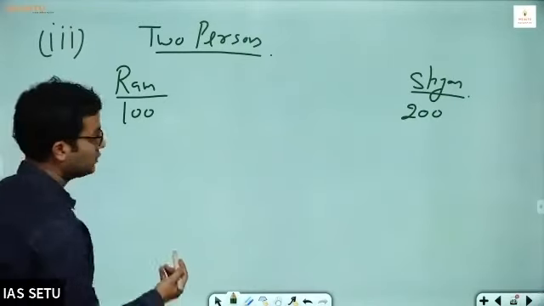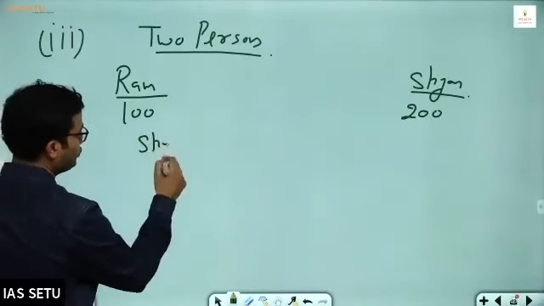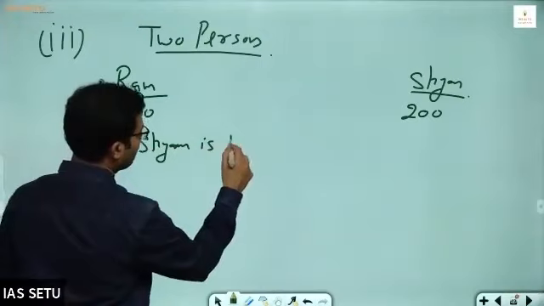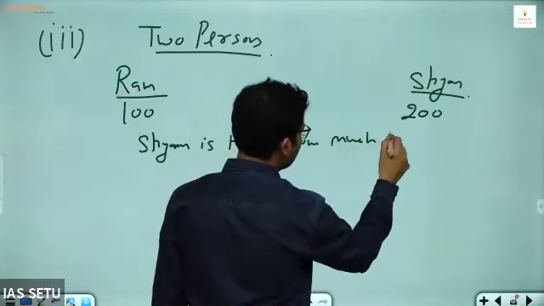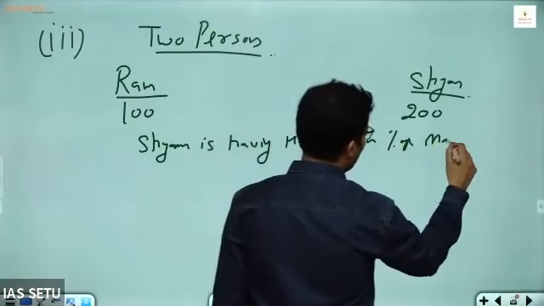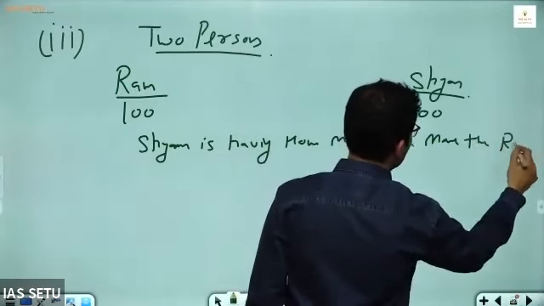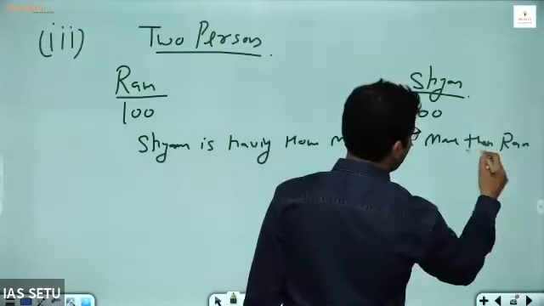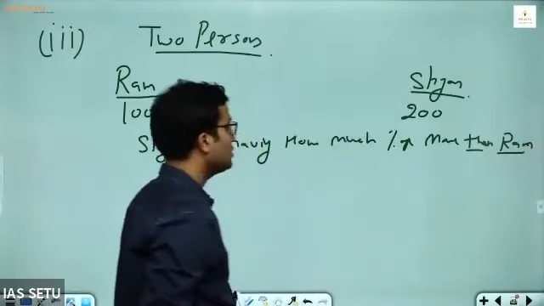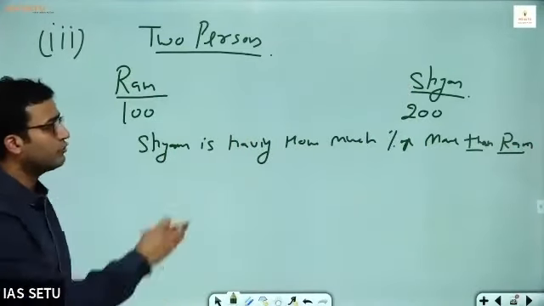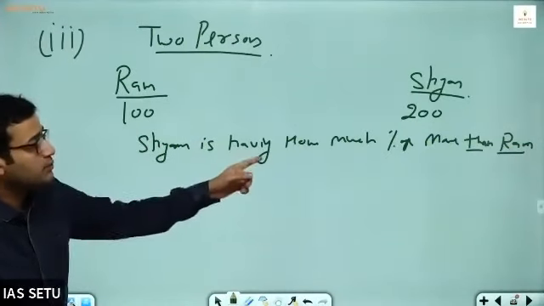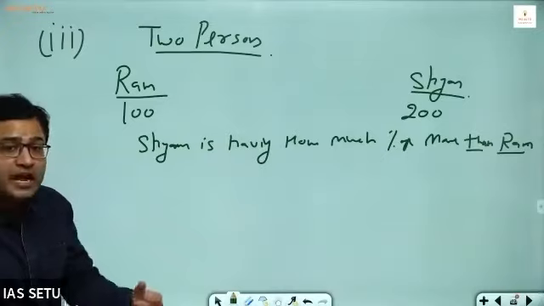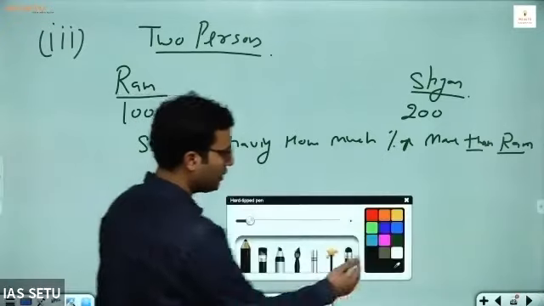Question here is, Sham is having how much percentage more than Ram? Or if it is salary, Ram salary 100, Sham salary 200, Sham salary is how much percentage more than Ram? You underline the word then.